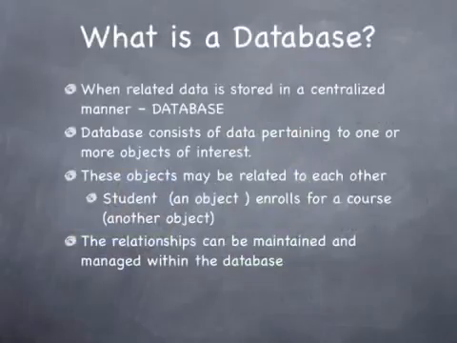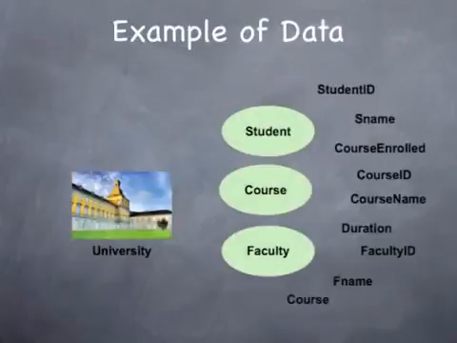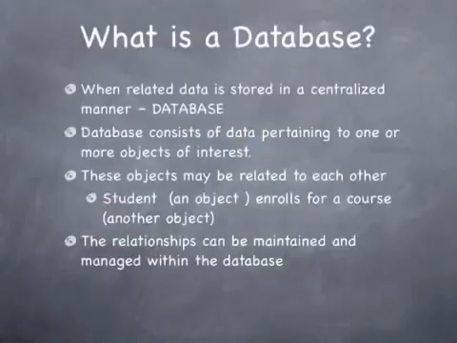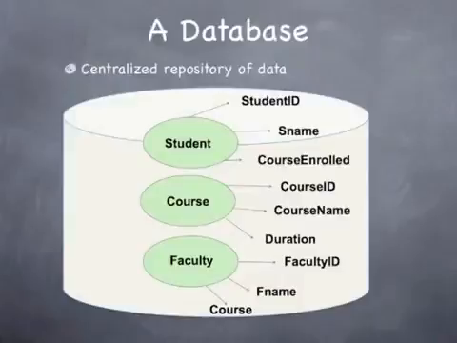Now that you have an understanding of what is data, let's look at what a database is. By definition, we can state that a database is a centralized repository of related data. Now, going back to the previous slide, the data that was relevant to the university was students, courses, and faculty. Now, I'm going to move ahead just a slide to show you what a database would be in relationship with a university.